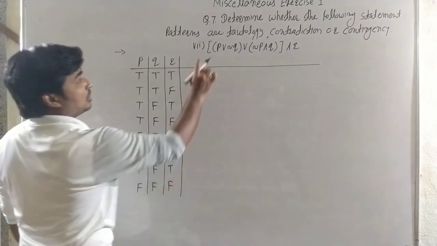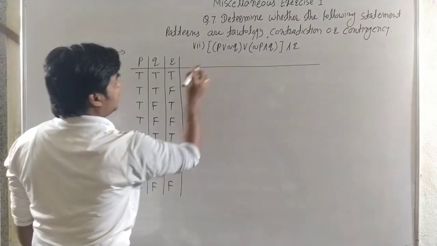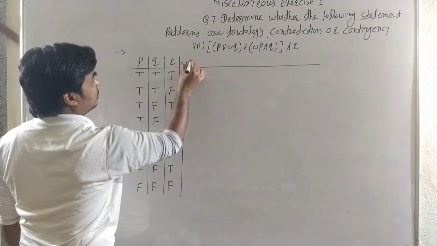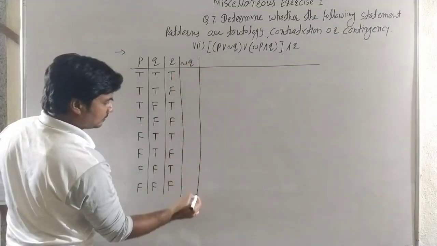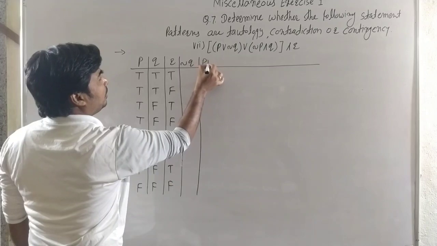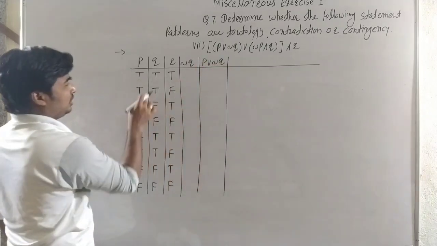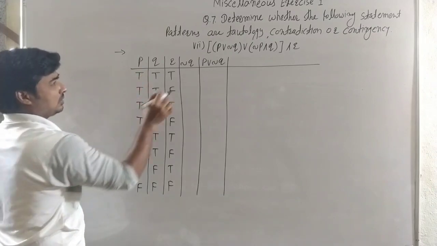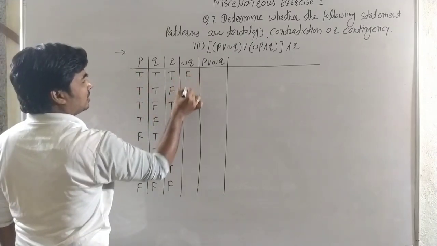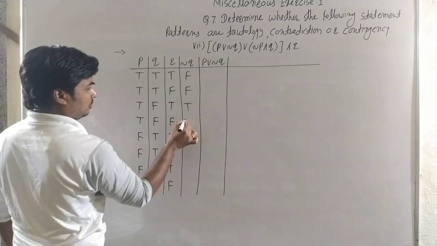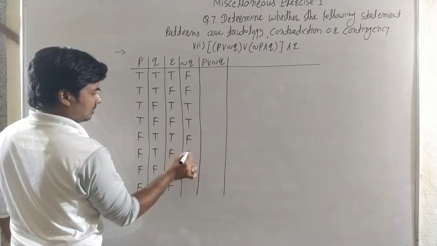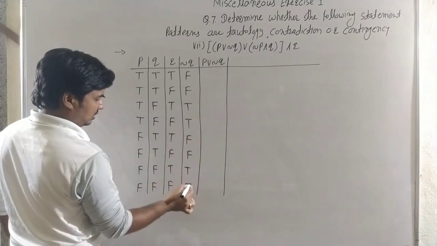Now first find P or negation Q. So first find the negation Q, then find P or negation Q. Negation Q: Q is true, true, false, false, therefore negation Q is false, false, true, true, false, false, true, and true.